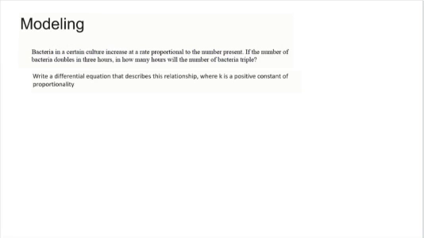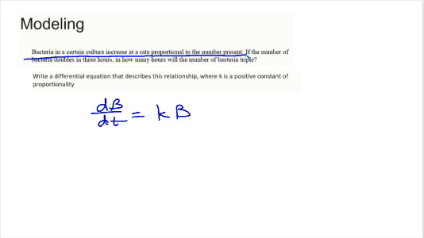Well, this is just dB/dt equals k times B, because of this first sentence right here. The rest of that stuff we would use if we were actually going to solve this problem. We don't need the rest of it to write this equation.